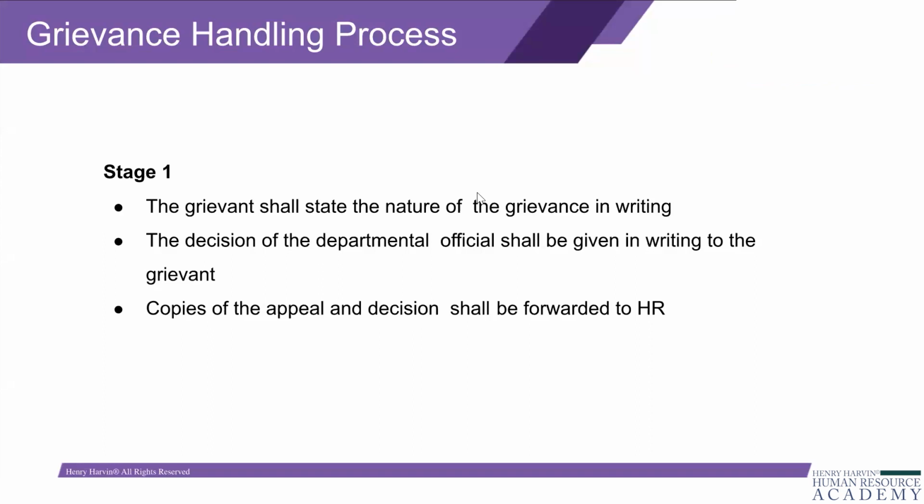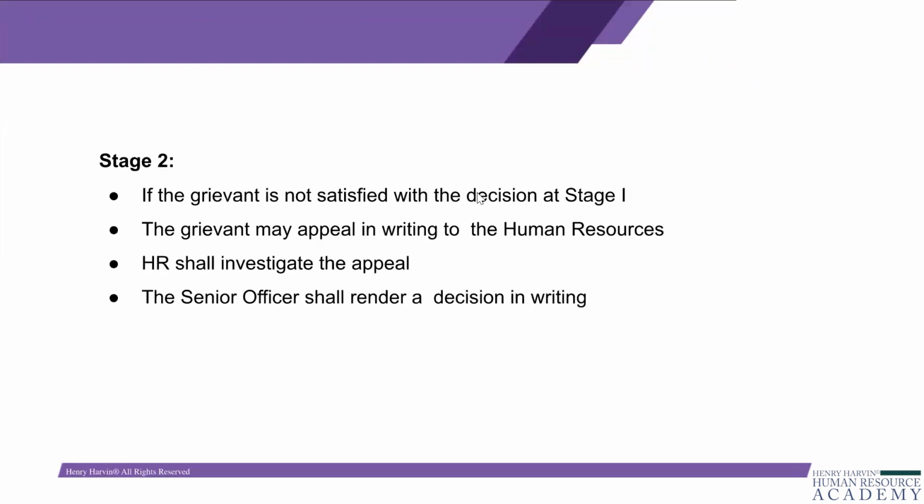If the employee is not satisfied with the decision made by the head of the department, they can appeal to the HR department. If the employee is not satisfied with the stage 1 decision, then they can apply to stage 2, that is, to the HR department.